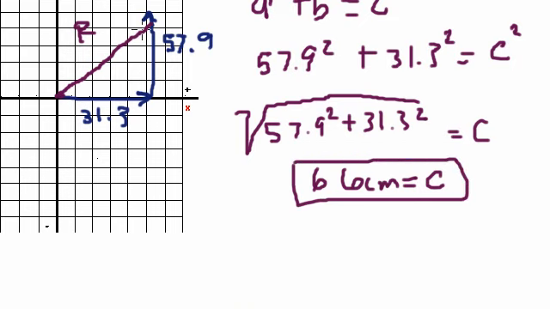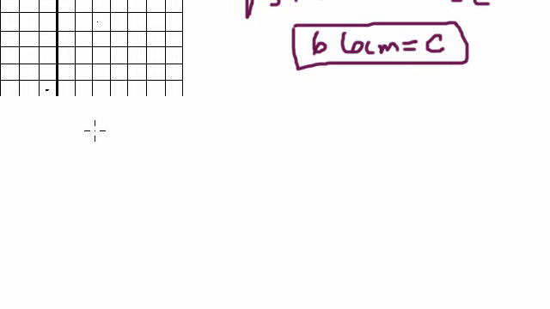To find the angle, use the formula tangent of theta is equal to y over x. Okay, we're going to get theta by itself, which is equal to tangent inverse of y over x.